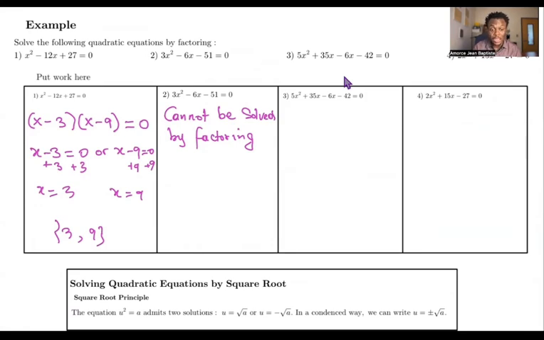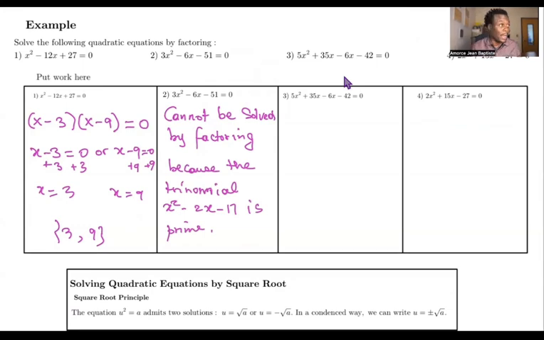We will proceed to show you other methods that will cover the case when the trinomial is prime. The trinomial x squared minus 2x minus 17 is prime. If it's prime, then you can use other methods.